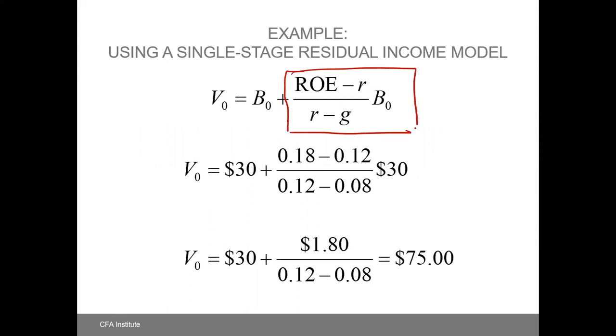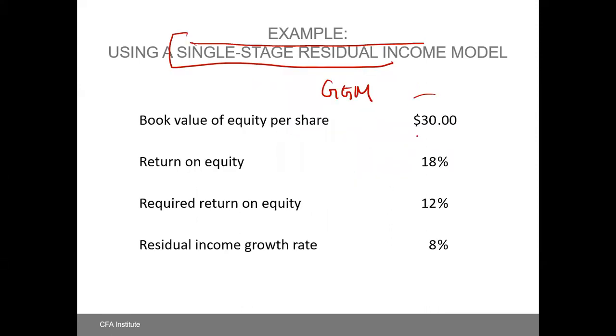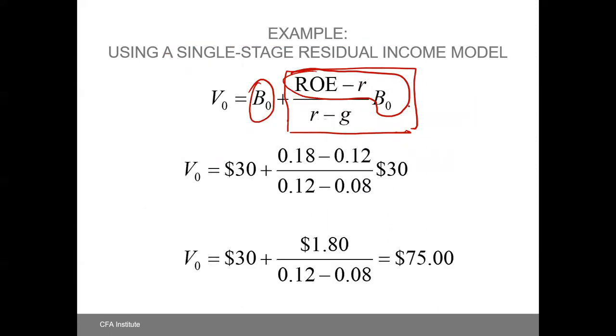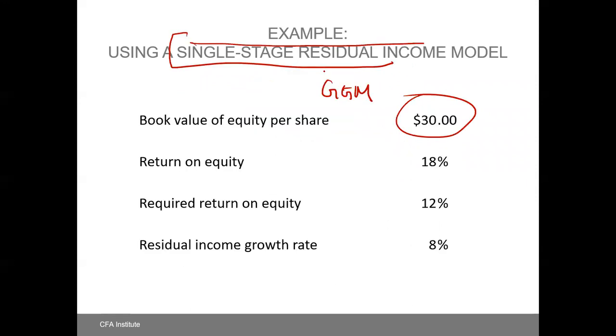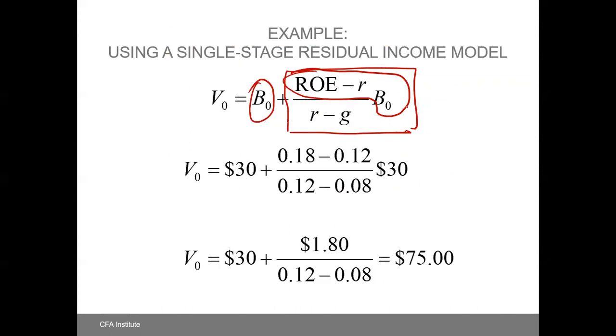application of the Gordon growth model, but how it is different is that the calculation of residual income is nothing special. But you have to start with, again, the book value of equity. How much is it? 30. Okay, we start with 30, and ROE is 18%, and cost of equity is 12%, which is a difference of 6%.